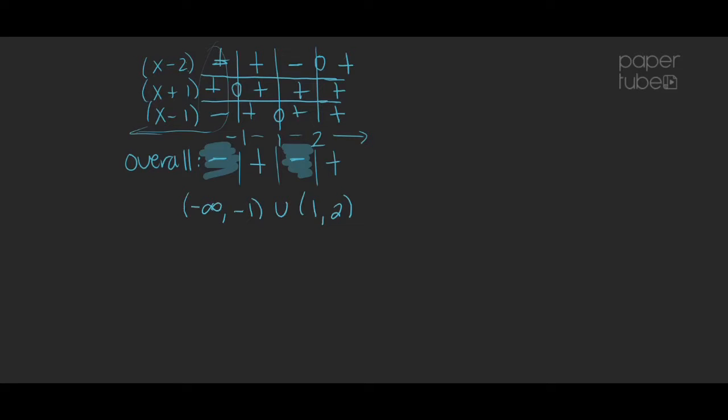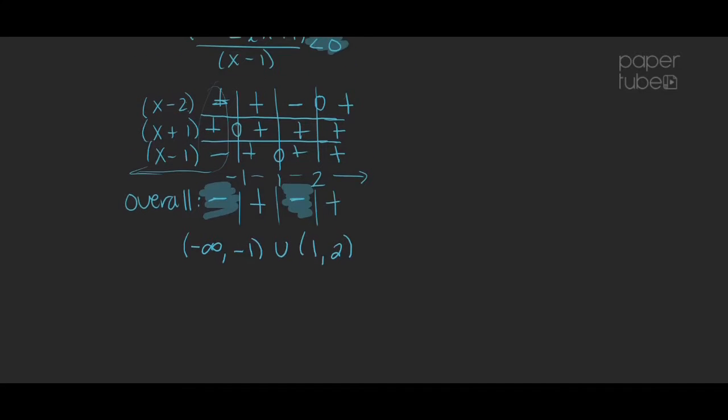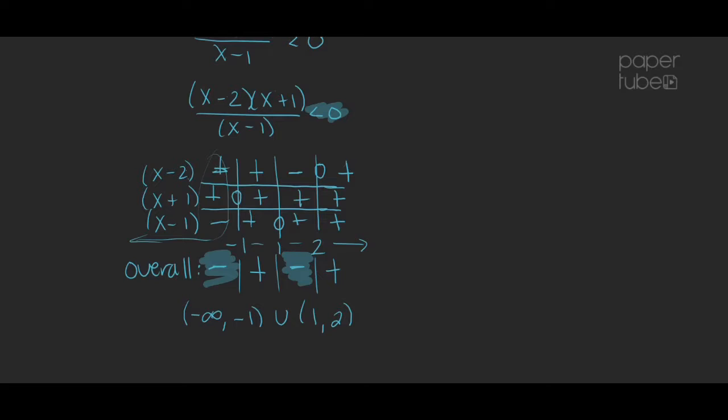And then we're going to look at it as a graph instead. So if you're more comfortable with graphing, we've got a vertical asymptote at 1, and we've got zeros at 2 and -1.